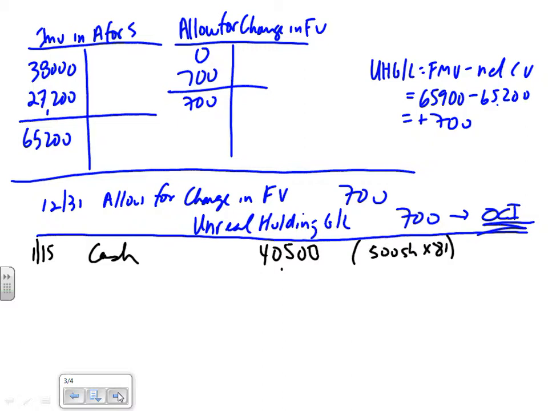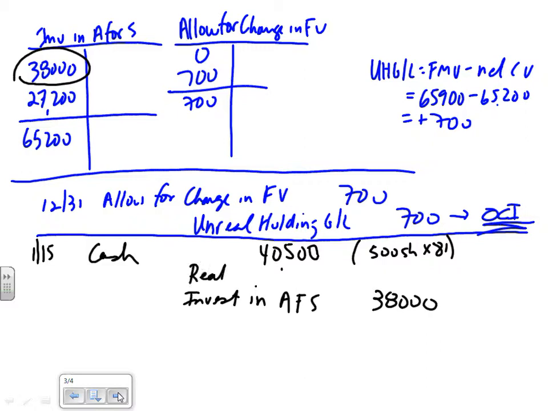Now, when you're doing available for sale securities, you have to look at the original cost, or if they're debt securities, amortized cost, and the investment in available for sale securities, $38,000. And so in this case, we get a realized gain of $2,500.